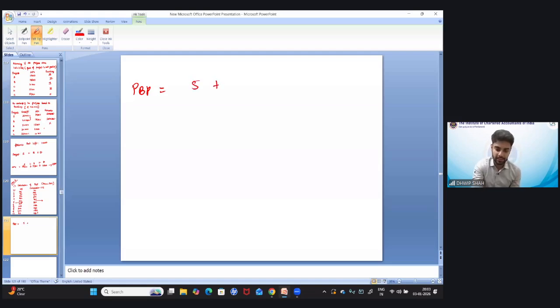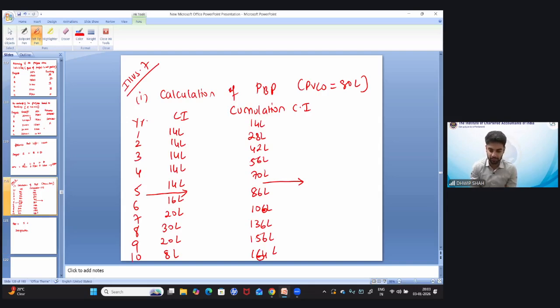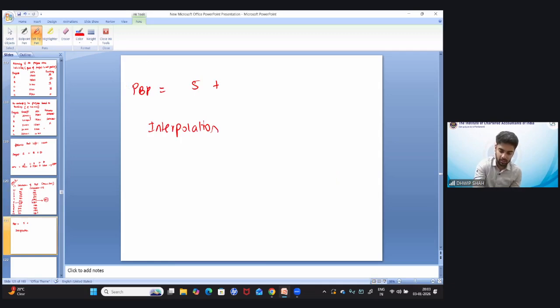Now how to find that something? Interpolation. In the entire 1 year period between the 5th year and 6th year, the company recovered how much? 16 lakhs. In the whole year, 16 lakhs was recovered.